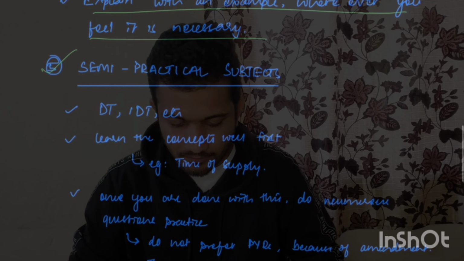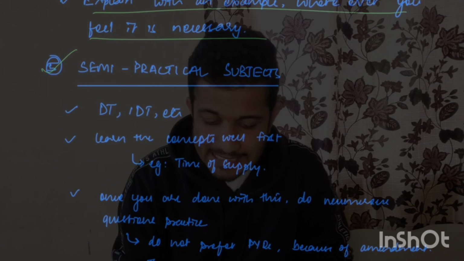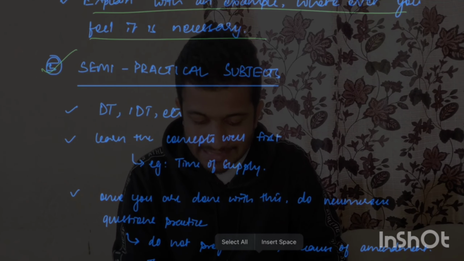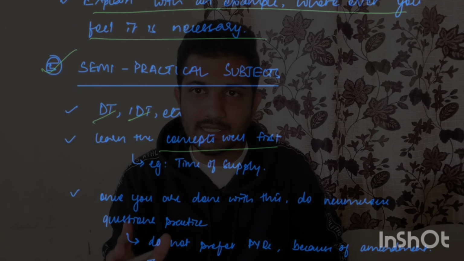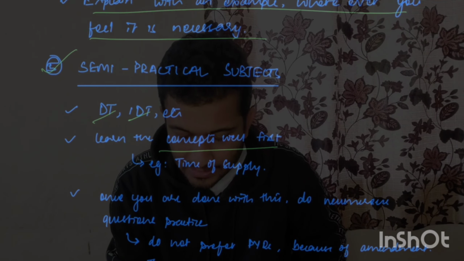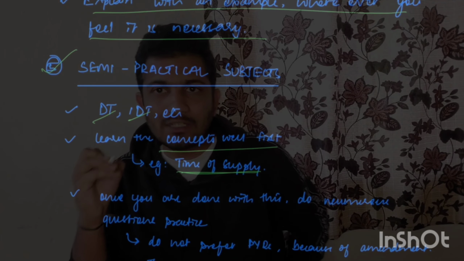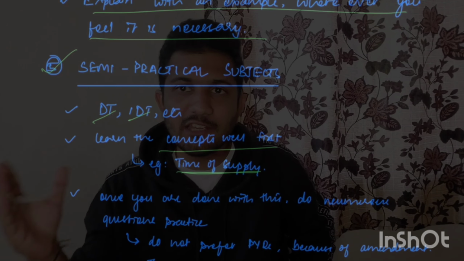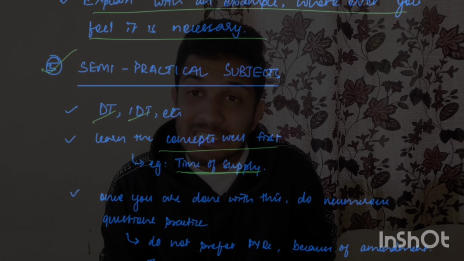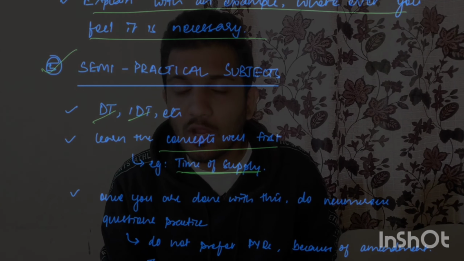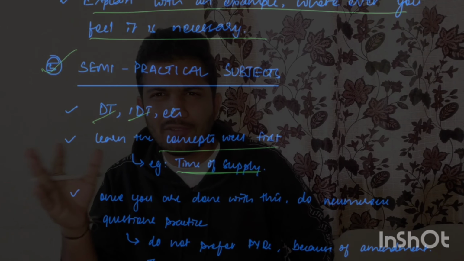Next, moving to semi-practical subjects. For DT or IDT, etc., learn the concept well first. For example, if we are talking about the time of supply, there are different concepts, right? The invoice is given before delivery, after delivery, and all.